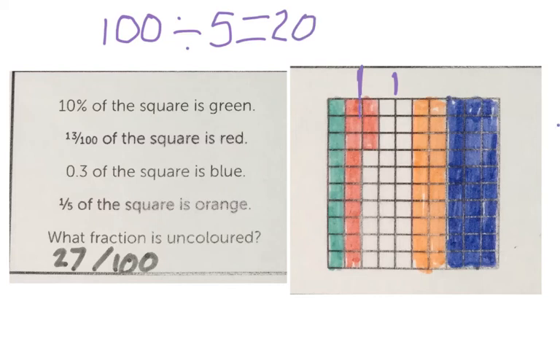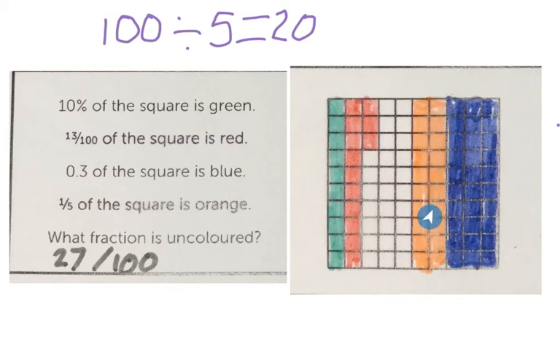And then if I split this 100 square into 20s, I should be able to see that I have 5 equal sections. 2 rows, 2 rows, 2 rows, 2 rows, 2 rows. So I've got 5 equal sections there, which means a fifth of my 100 square is 20. And that needs to be coloured in orange.